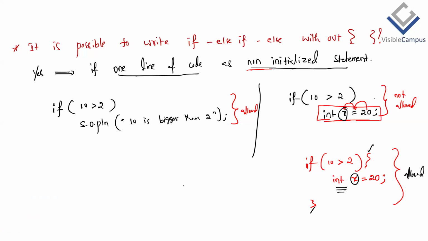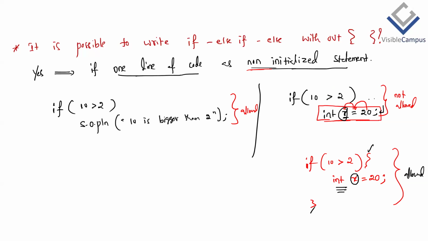No. When a variable is declared inside a method body, is it possible to use outside? No. When something is declared inside a for loop, is it possible to use outside? No, sir, it's not possible. Same thing here also. When we just initialize this x variable, what's the purpose of this x variable here? Can we use it or not? We cannot use it if we write only one line of code without curly braces.